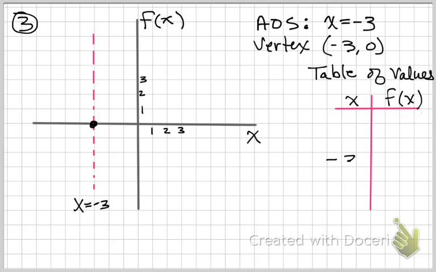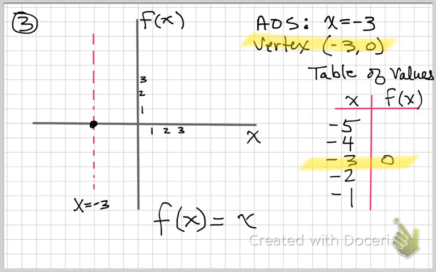Alright, so I have my x values that I'm identifying. There's my vertex and the coordinate of the vertex. So I'm going to pick two values that are less than negative 3 and two values that are greater than negative 3 for x. So that's going to allow me to have a nice symmetric set of points to graph this, because when I plug in the negative 5 and evaluate it, I know that because of the symmetry, negative 1 is going to be a reflected point, negative 1 comma 4.